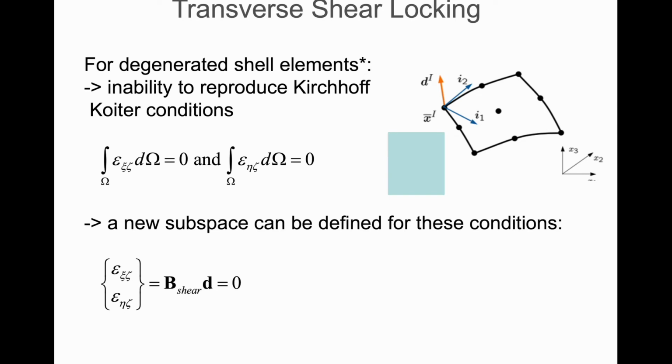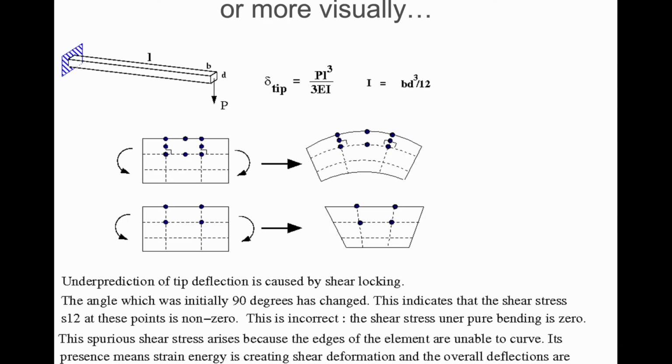But basically what we need to fulfill when we are dealing with a shell element is our transverse strain energy must be 0 to reproduce the so-called Kirchhoff-Love conditions.